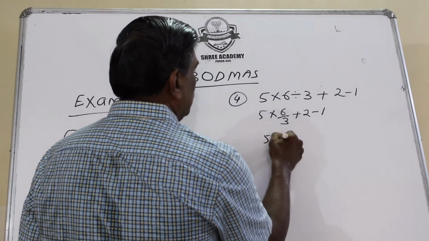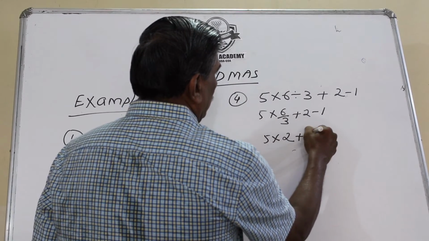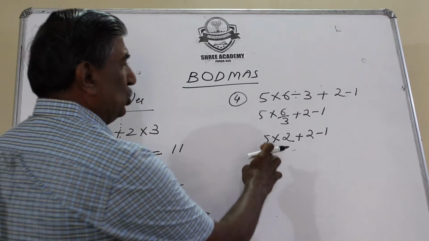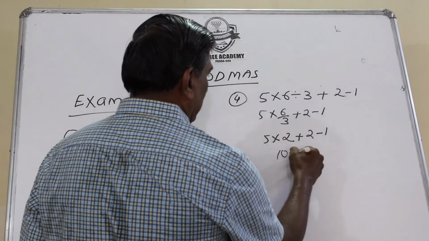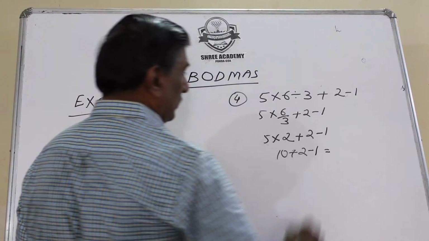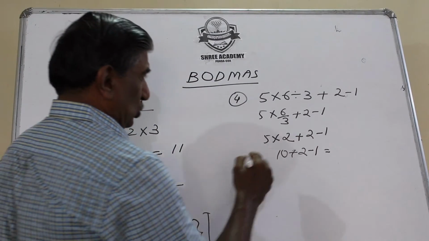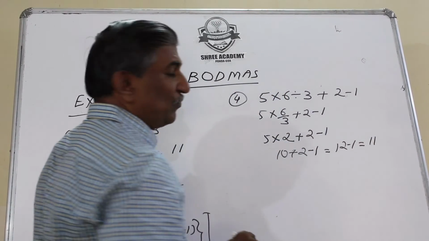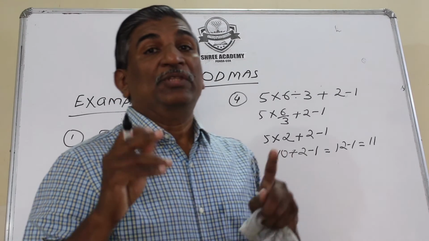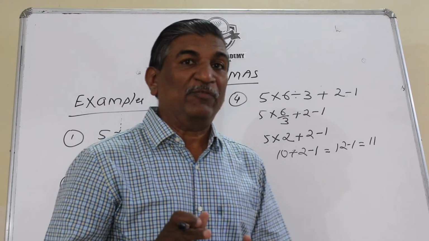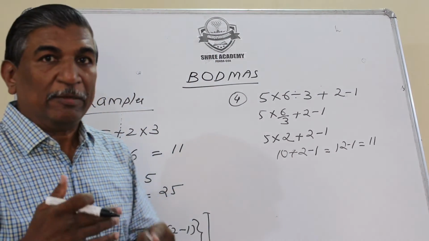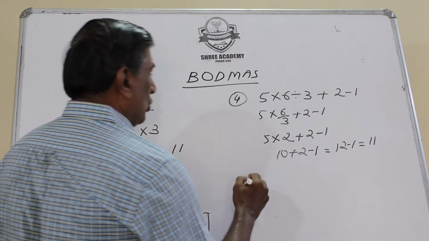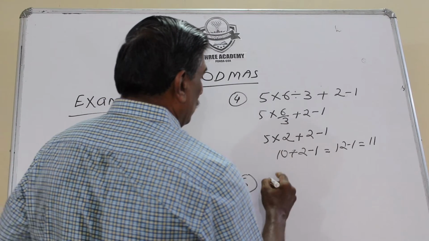So this becomes 6 divided by 3 is 2 plus 2 minus 1. Second rule is multiplication. So we will multiply 5 2s are 10 plus 2 minus 1. Then comes 10 plus 2 is 12. 12 minus 1 is equal to 11. Friends, please remember, this is how we simplify. Don't use any other method, because we strictly should go along with the rules of BODMAS.